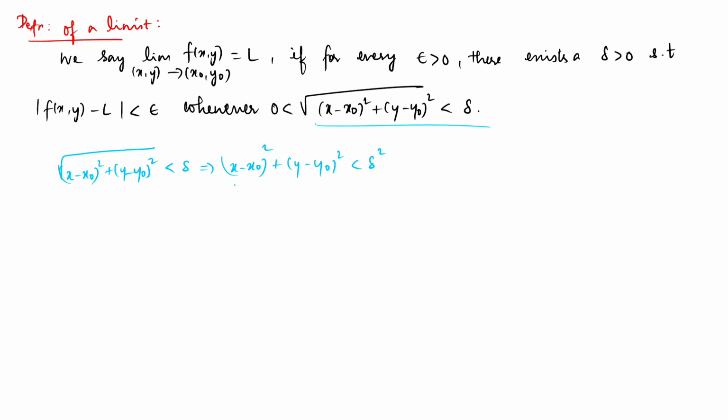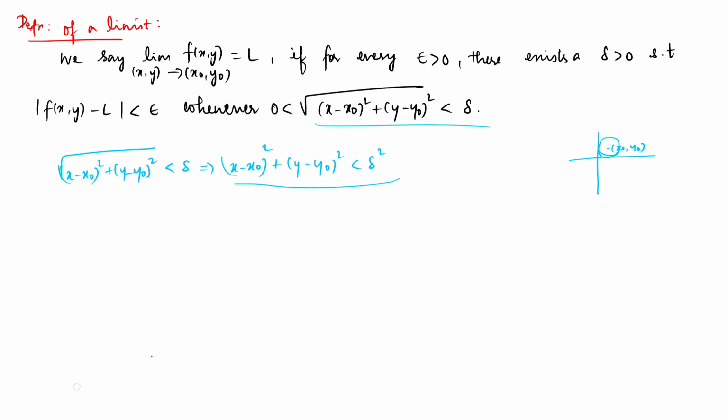If you have a closer look at it, you may see that if this is your point (x naught, y naught), around it you are going to fix a radius delta and you are going to find a circle. So does this quantity cover only the points on the circle? No, it is not going to cover the points on the circle.